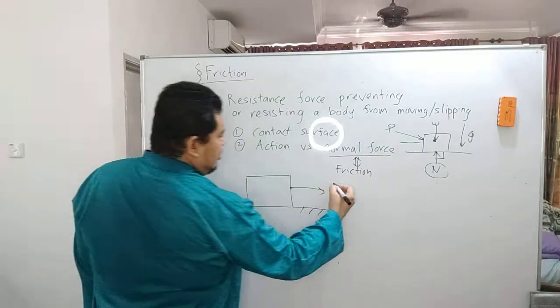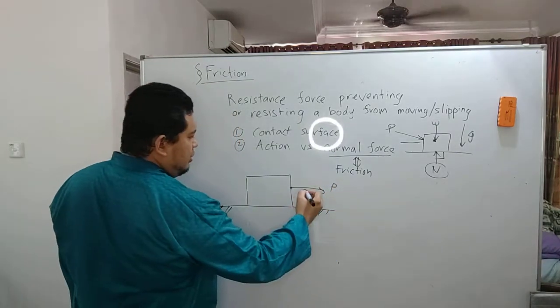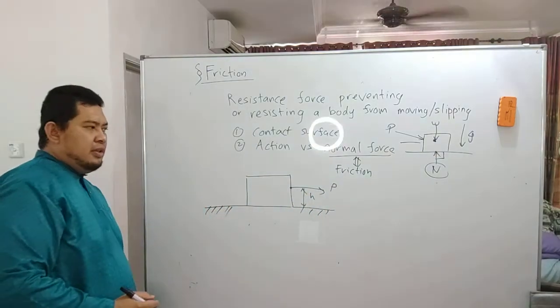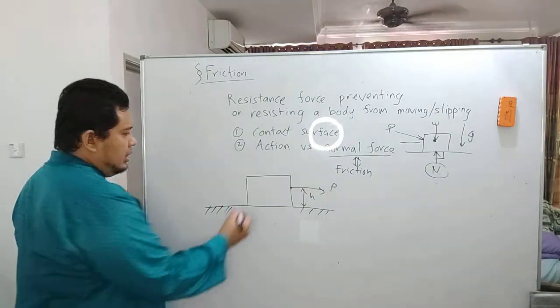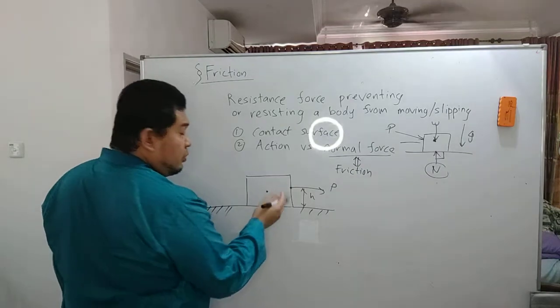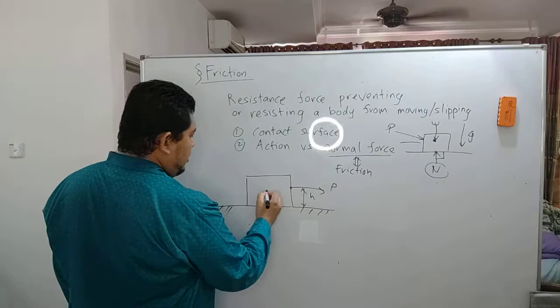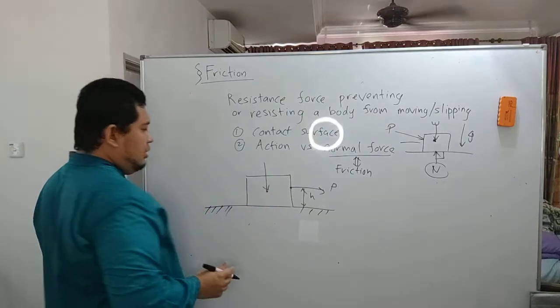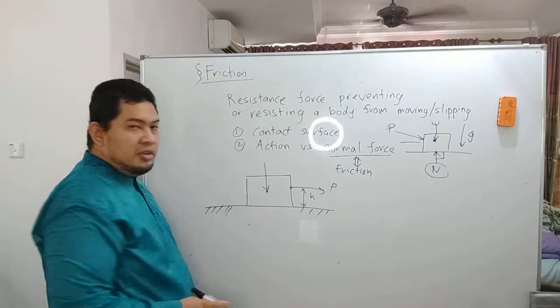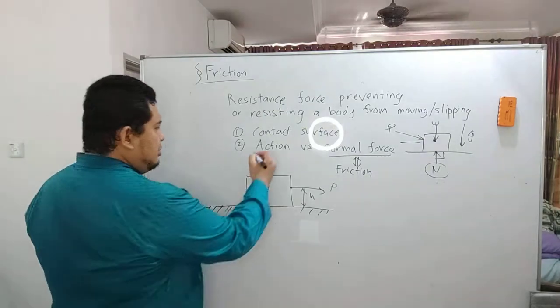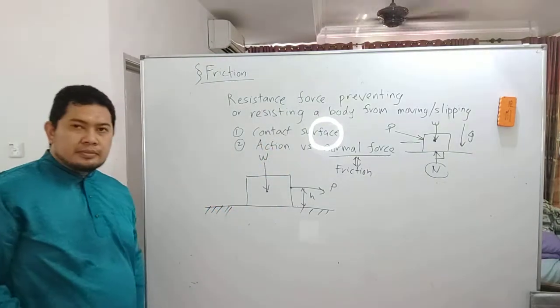This force over here, P, is the applied load. And here is the height at which this force is applied. And right in the middle is the center of gravity of this crate. Assuming that this crate is uniform, you have the center of gravity right in the middle. So the weight is W.